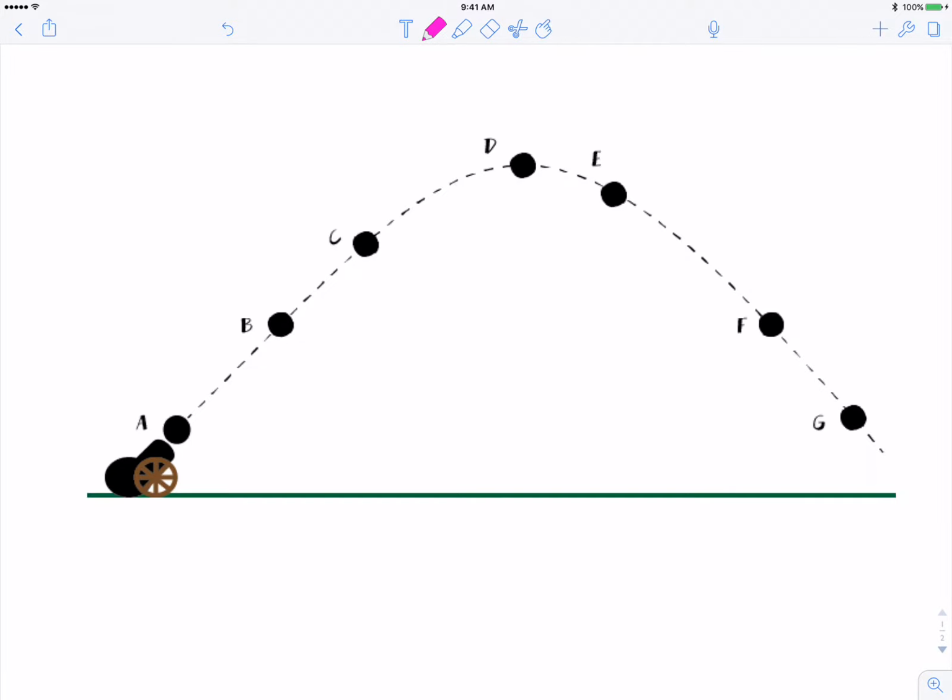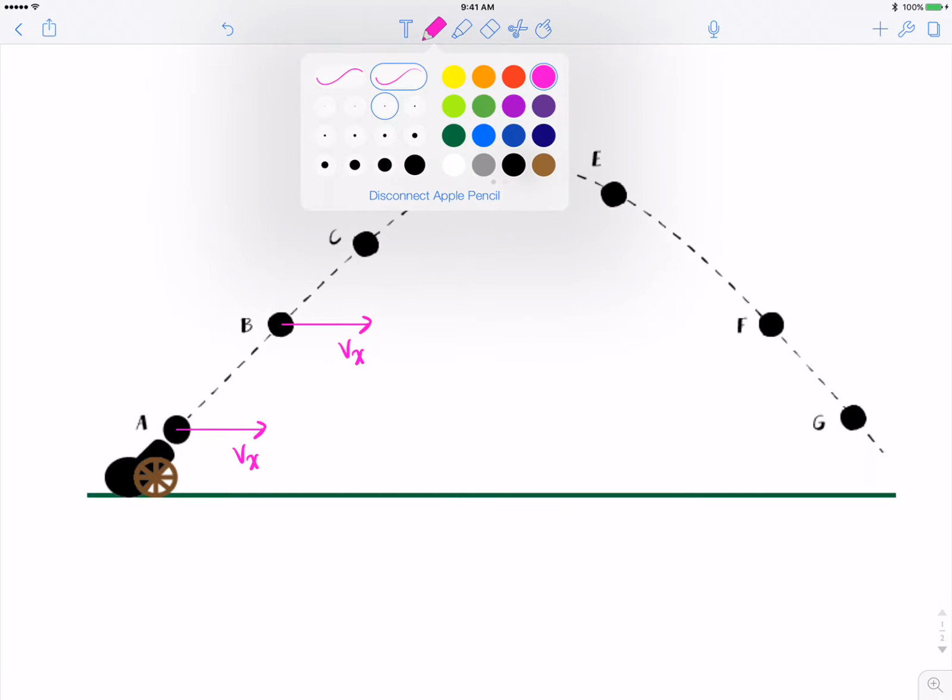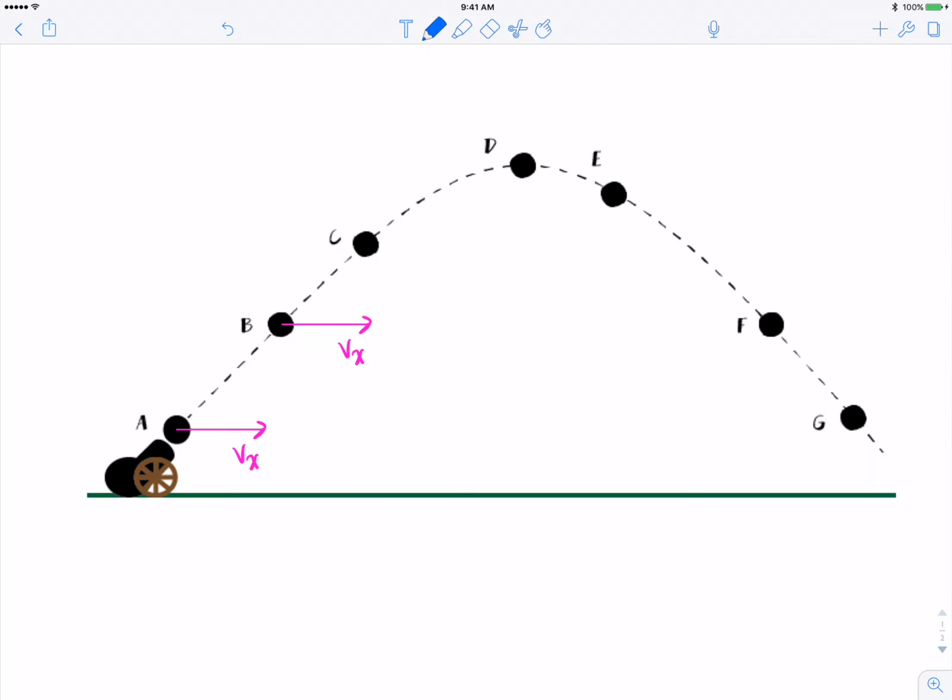Hi guys, so let's do a recap of what we covered today in class with projectile motion and two-dimensional kinematic equations. So on our cannonball picture, we drew the components of velocity. We realized that the v sub x vector was the same, and the v sub y vectors changed over time.